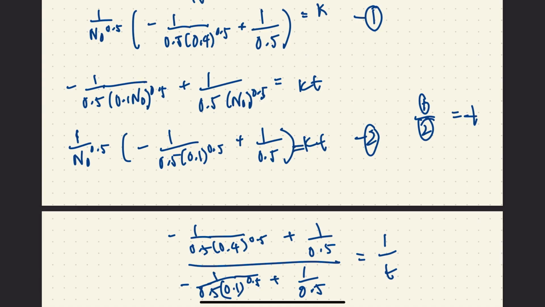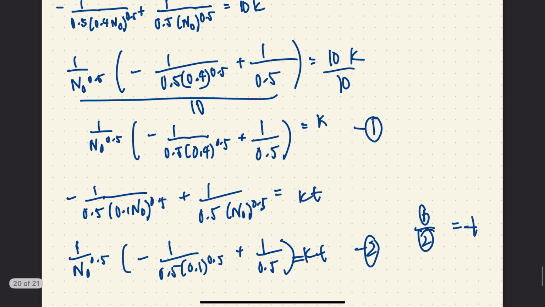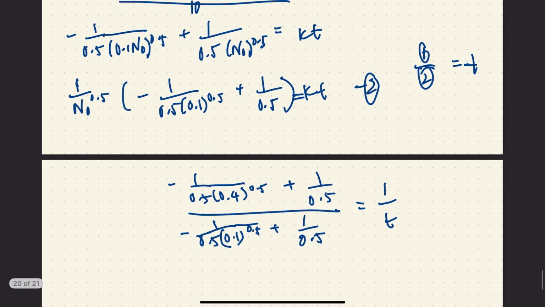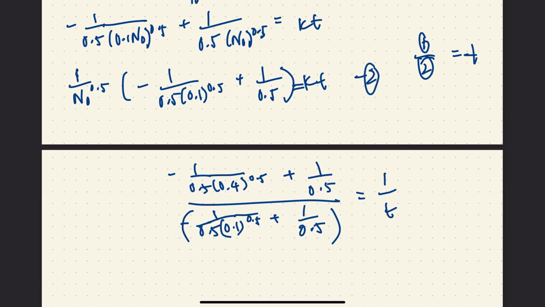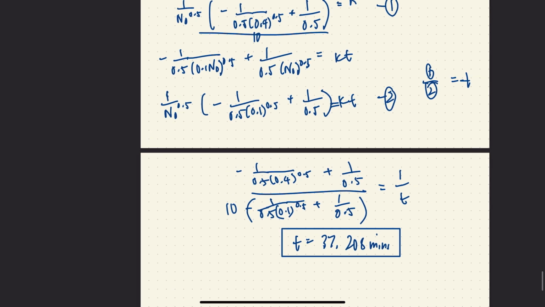Oh, wait, you forgot the divided by 10. So when you divide it, this should be multiplied by 10. So the answer would be the same. t is equal to 37.208 minutes. That's pretty much the same.